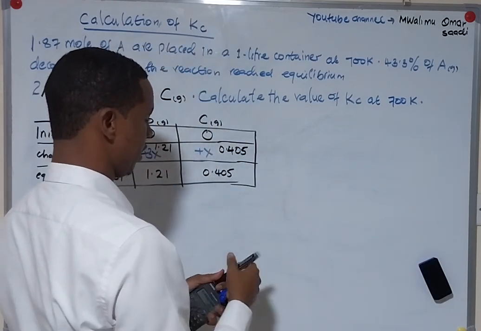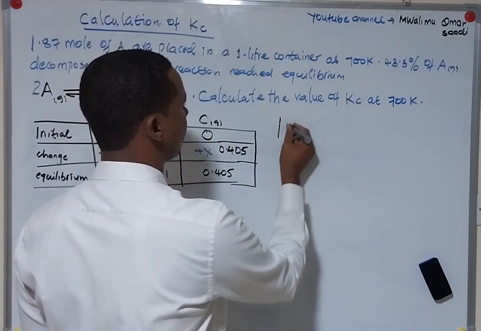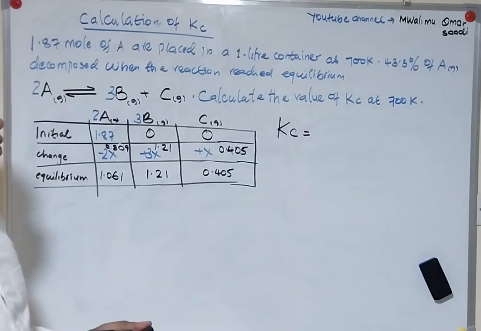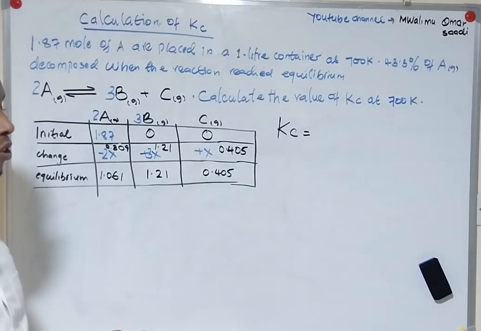Kc is equal to the equilibrium concentration of the products over the equilibrium concentration of the reactant.